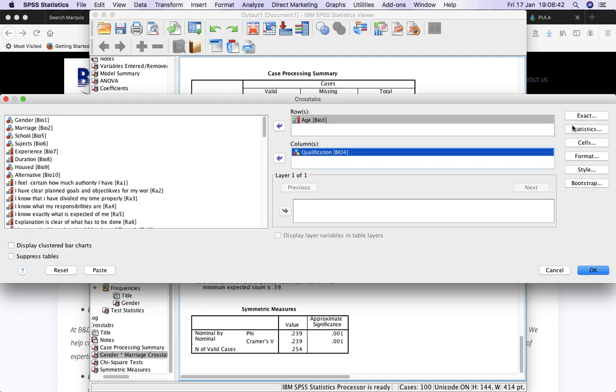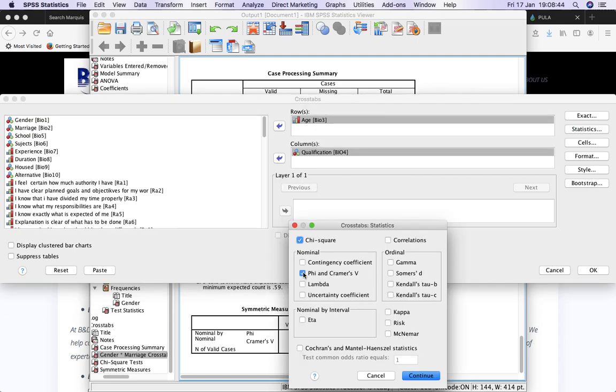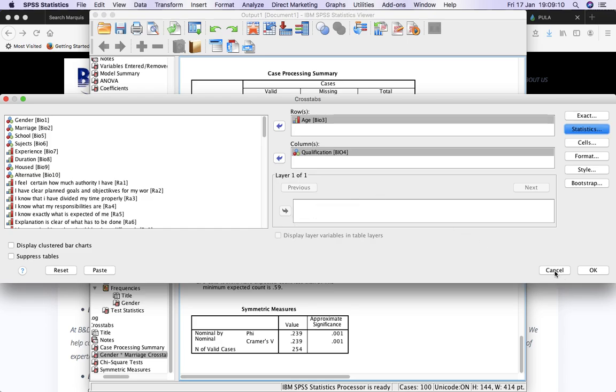When you come to statistics, you are not interested in nominal because these are ordinal. Let's use Somers' d and the gamma, I think they are best used when the data is small. But only one is ordinal. Qualification is ordinal, and gender is nominal. One is nominal, the other is ordinal.